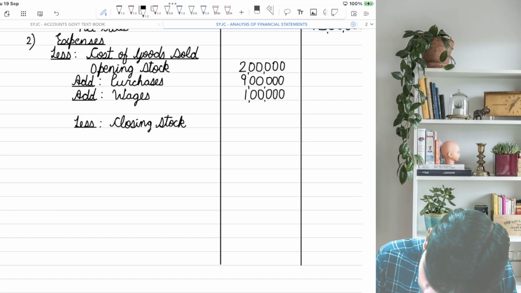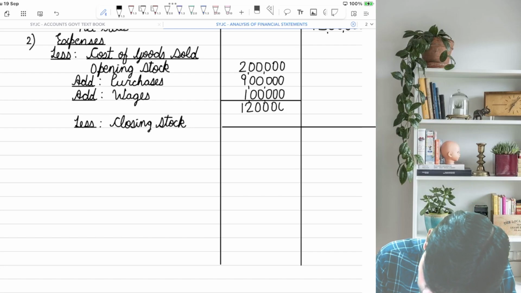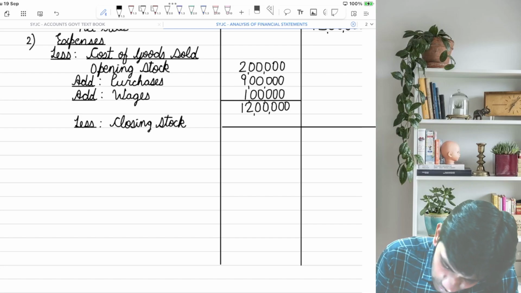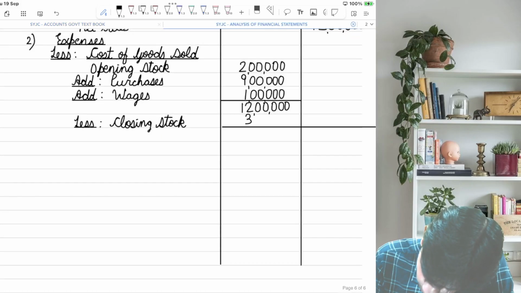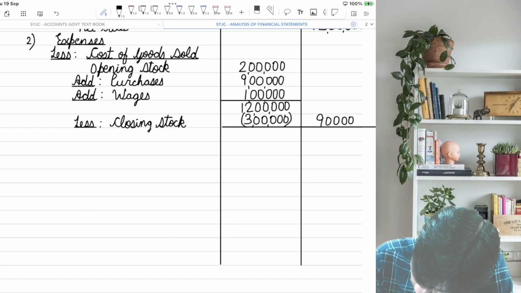The total comes to 12 lakhs. Less closing stock 3 lakhs. Nine lakhs is the cost of goods sold answer.